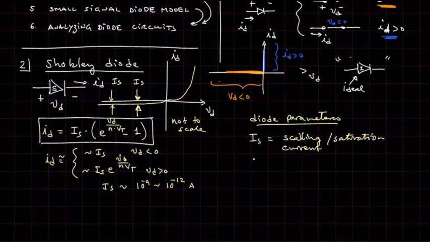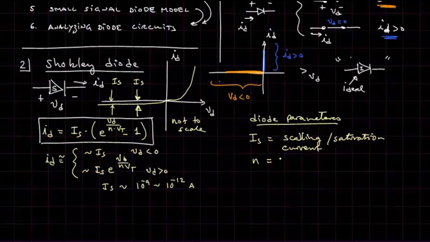And we also have N, which is called the emissivity or ideality constant, and it ranges typically between 1 and 2, though it can go outside of that.